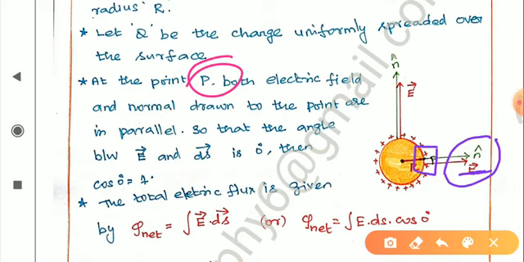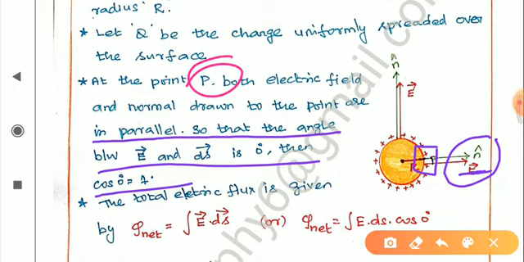So only one thing we have to remember here: the angle between the electric field and the area vector is always equal to 0 at all points on the surface of the charged sphere. If theta is equal to 0, then cos 0 is equal to 1. Then what will be the final flux formula?